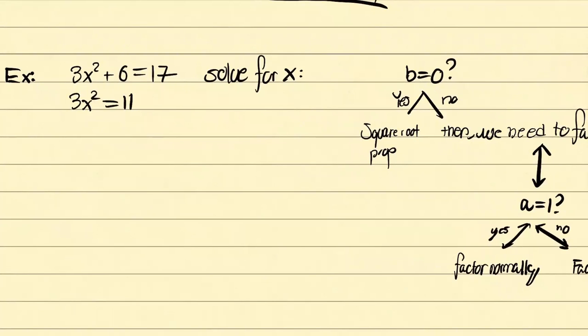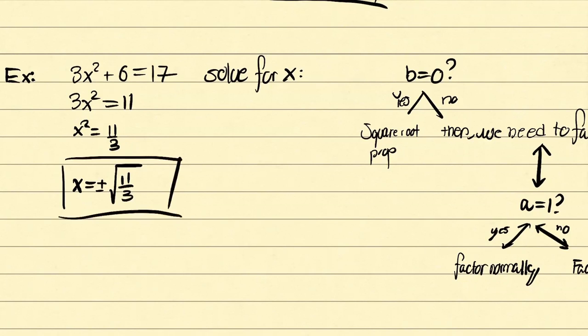That's me subtracting 6 over. That's me dividing 3 over. And this is me taking the square root of both sides. And you're done. That was really straightforward once we figured out what rule to use. The hardest part of these questions is what rule to use.